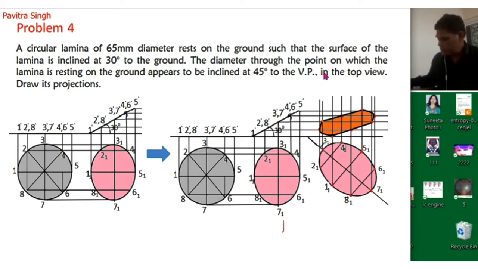So now we need to draw its projection. Suppose a circle is lying on the horizontal plane. Now it is inclined 30 degree with the horizontal plane, and its edge is touching this horizontal plane. So this plane is making 30 degree with the horizontal plane.